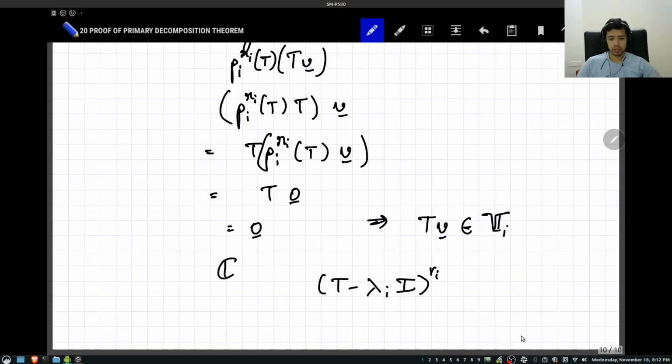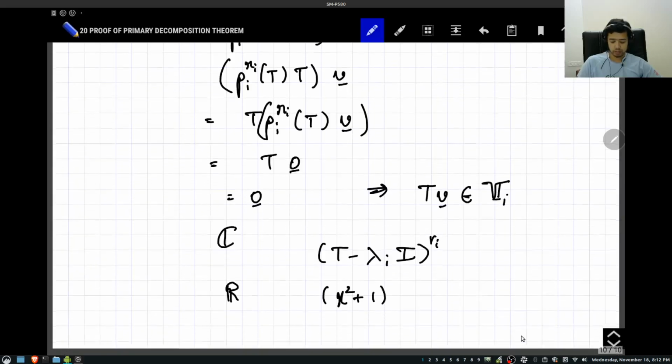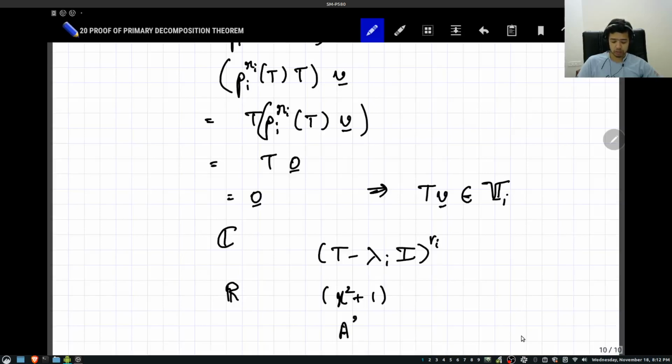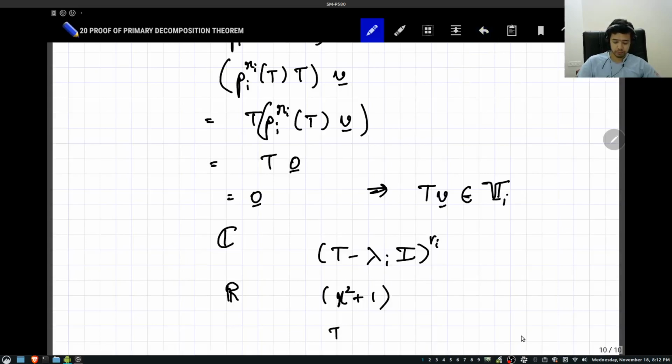But on the other hand, if the field is, say, the set of reals, and maybe one of the terms in the minimal polynomial is say x squared plus 1, then certainly one of the subspaces Vi would be, in this example, the null space of T squared plus I. So the Vi's could take the form, say, null space of T squared plus I.